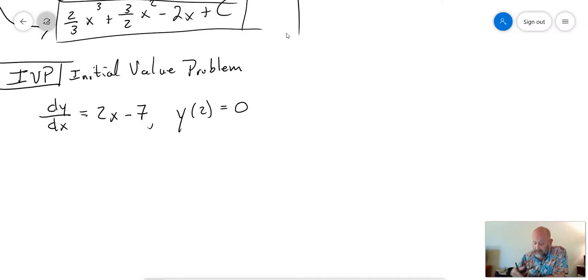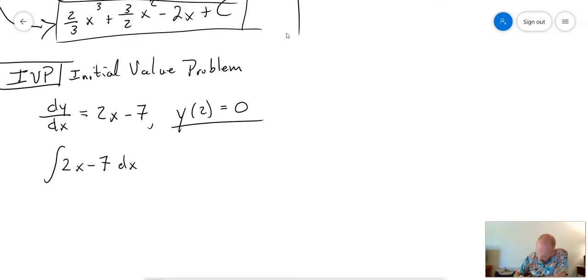Okay, so let's go ahead and walk through this. We're going to be looking for the antiderivative with this initial value problem. With this initial value, we should be able to find the exact antiderivative of this thing. So I'm going to integrate 2x minus 7 dx.